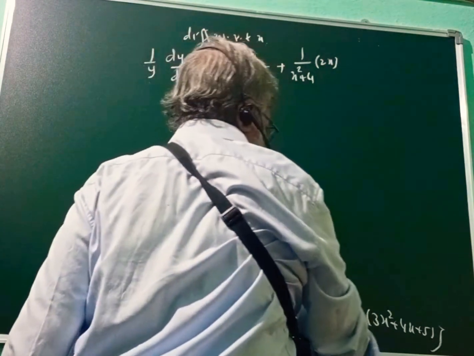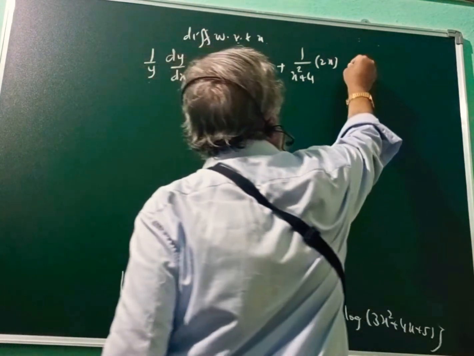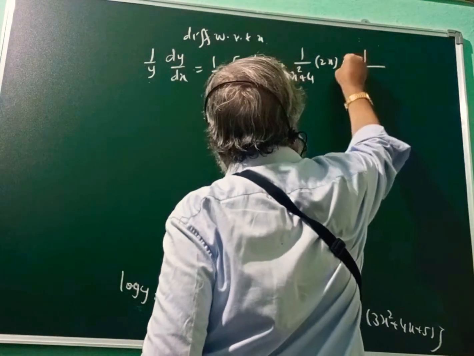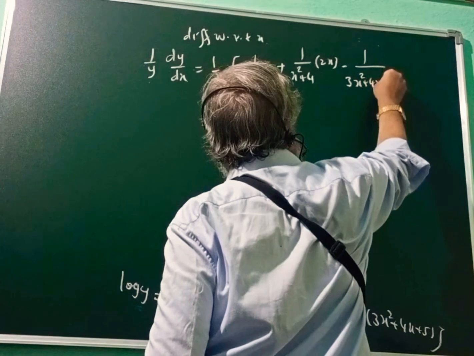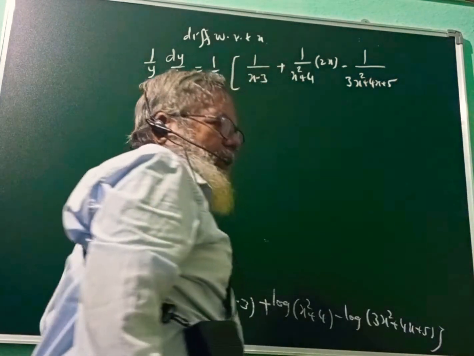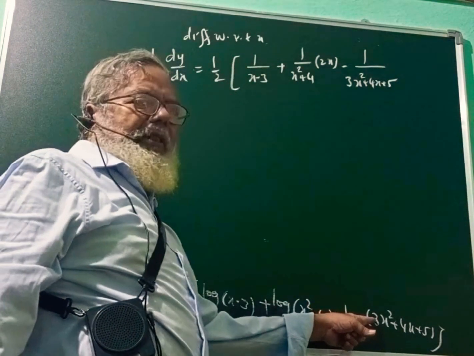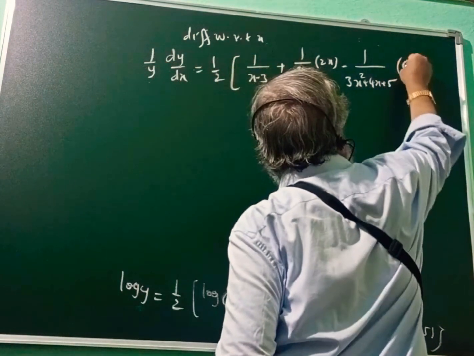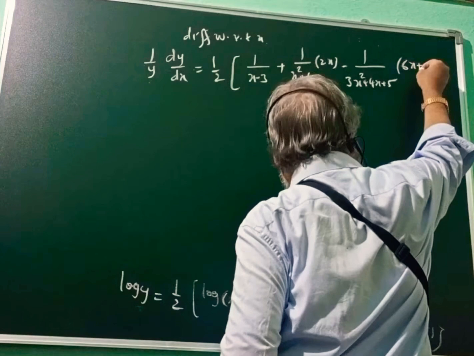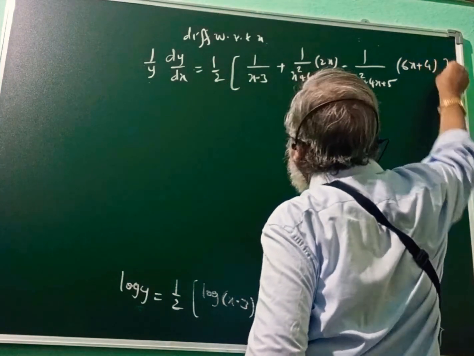Minus again differentiation of this log, 1 by 3x square plus 4x plus 5, then we have to differentiate this, that will be 6x plus 4, differentiation of 5 is 0.